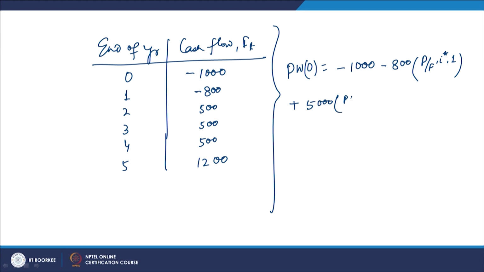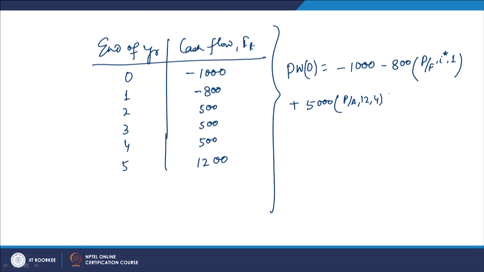You can take the 500 and multiply it by P/A, i*, 3, and the remaining 700 will still be there. So, this 500 is taken from here, and your 700 is still remaining, and P/A will define the value at this point. So, you have to further multiply with P/F, i*, 1.